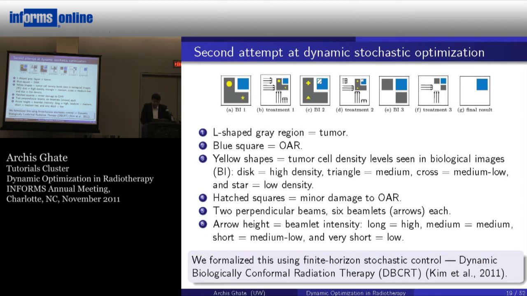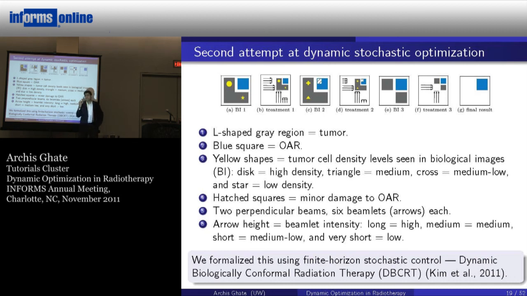We call that dynamic biologically conformal radiation therapy. We have also called it adaptive biologically conformal radiation therapy. I think adaptive is more interesting than just the word dynamic. We have called it both, but in the paper we call it dynamic biologically conformal radiation therapy. Why do we call it that?